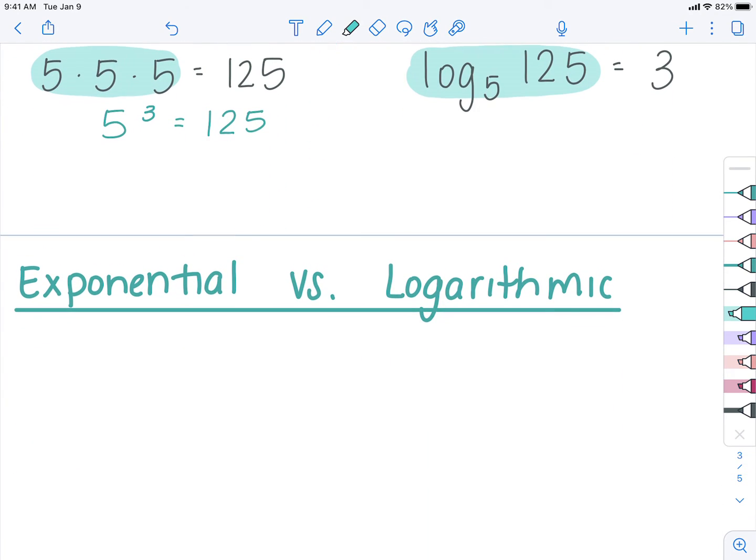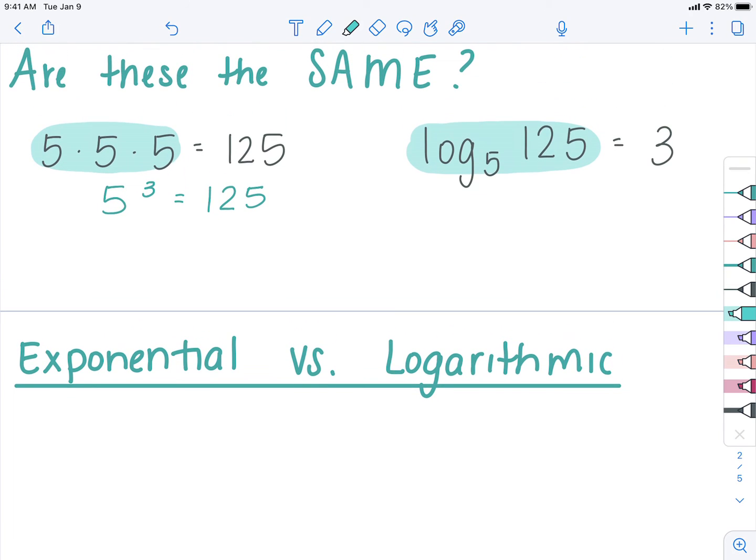So when we write things in exponential form, the first one was in exponential form. So something like 4 squared equals 16 is exponential form, versus log form would say log base 4. So how many 4's do we need to multiply to get 16? And the answer is 2.